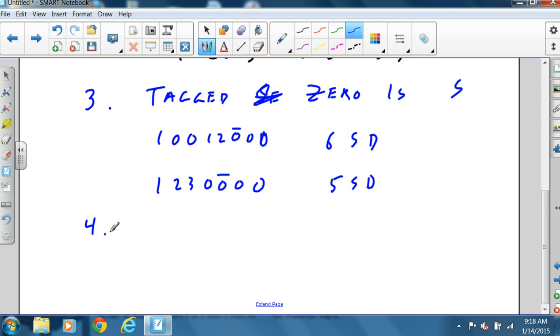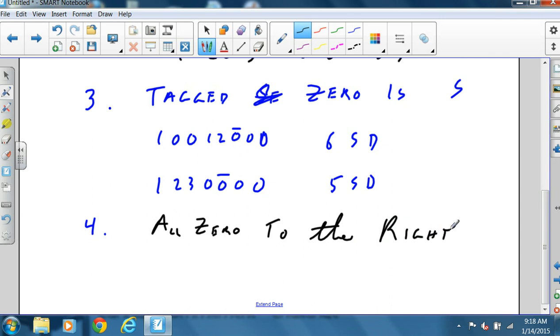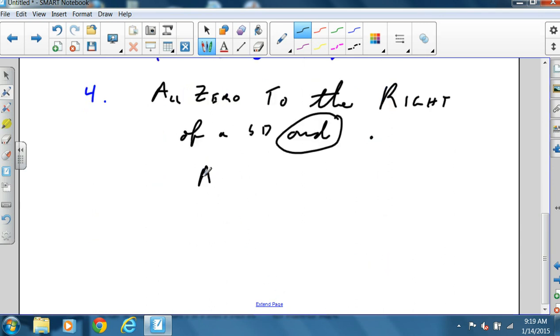So if I have, okay, all zeros to the right of a significant digit, and notice that "and" means it has to both be true, a decimal point, are significant.